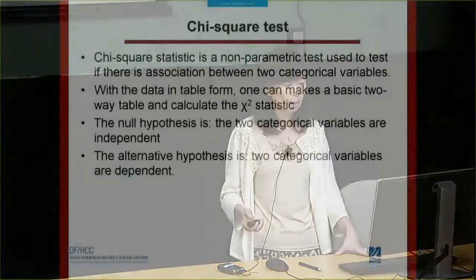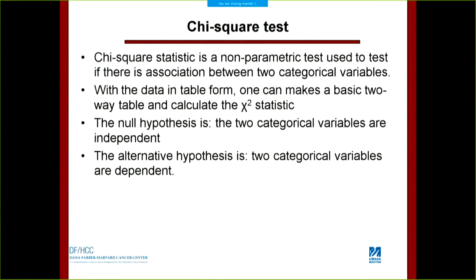The chi-square test is a non-parametric test. It is used to test the association between two categorical variables. The null hypothesis here is slightly different from before.